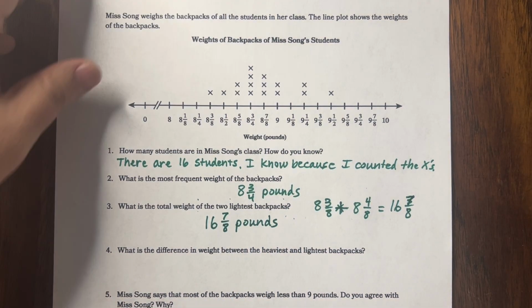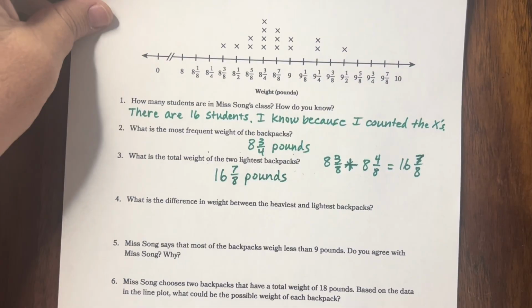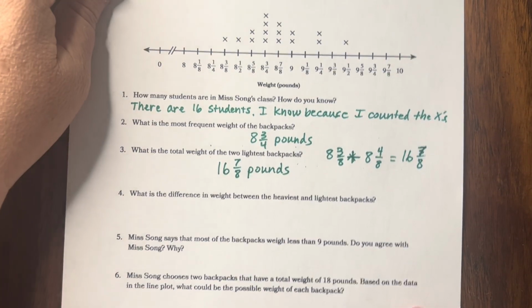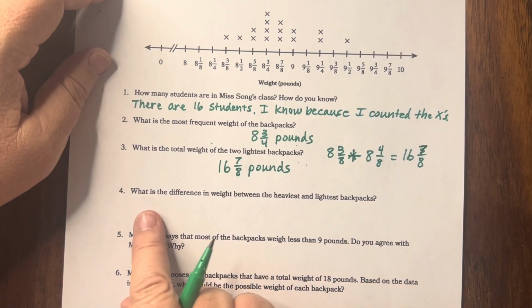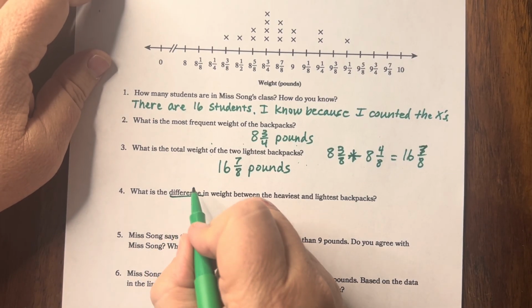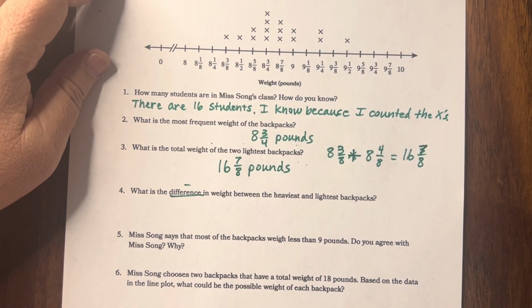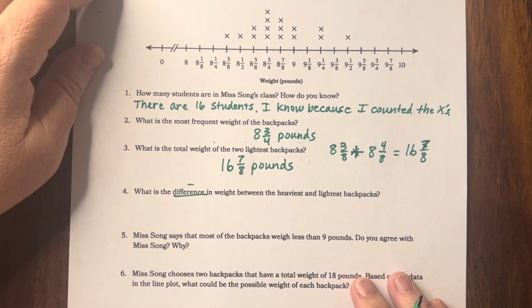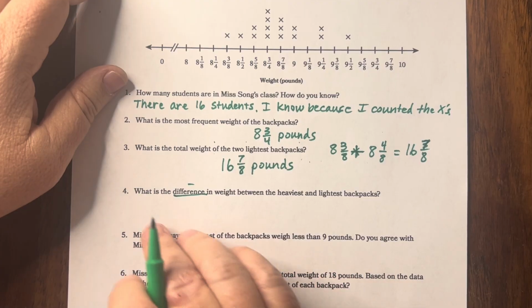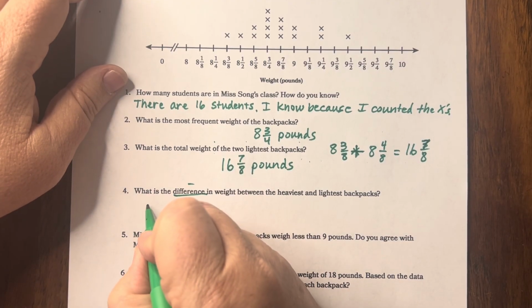Okay. What is the difference? So now we're going to put our subtraction, our work on fractions, to use. What is the difference? So difference, subtraction, and weight between the heaviest and the lightest. Okay, this is where I'm going to actually leave the problem for you to solve on your own.